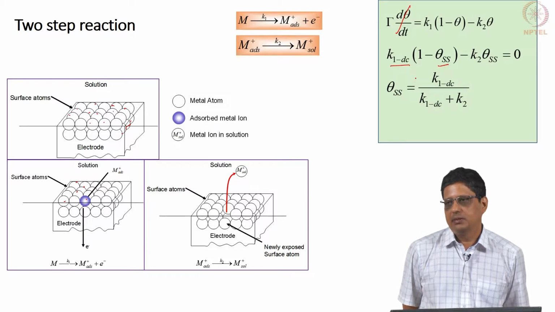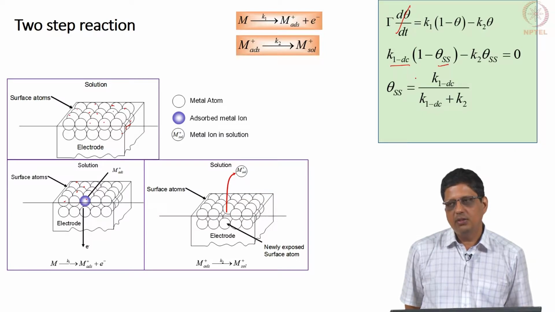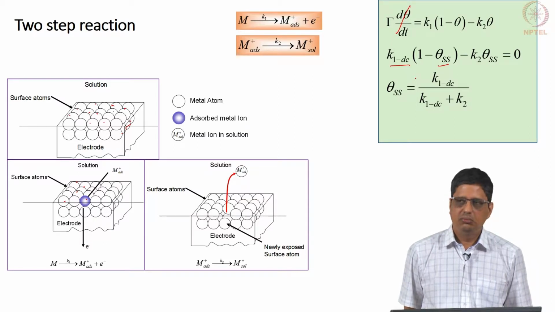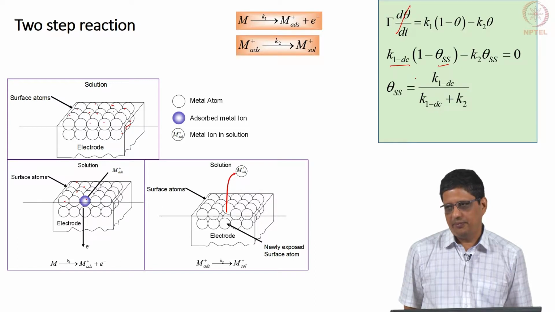Now, I want you to guess, K2 is a constant, K1 is going to increase when I increase the DC potential. When K1 is a very small value, what will happen to theta? It will tend towards 0. If K1 is a very large value, theta will not tend towards infinity, it will tend towards 1.